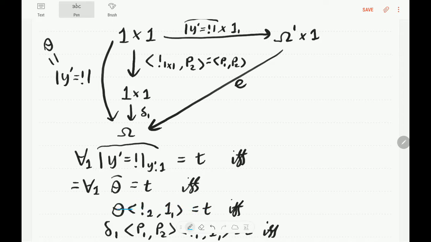Well, this is an arrow from 1 to omega, so in other words, this happens if and only if this is true. You can see my videos on universal quantification to understand that.